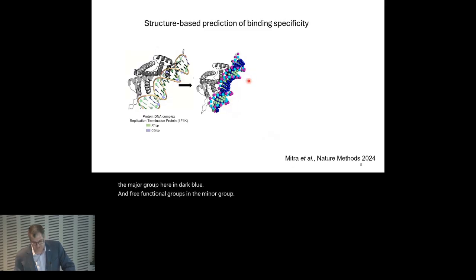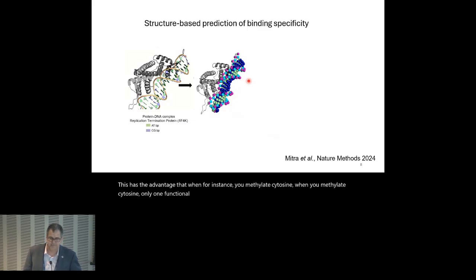This has the advantage that when, for instance, you methylate cytosine, only one functional group in the major groove gets replaced by a methyl group. So that means the base pair with a methylated cytosine is actually very similar to CG.